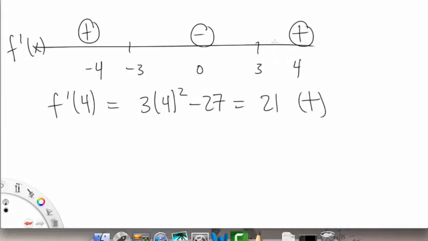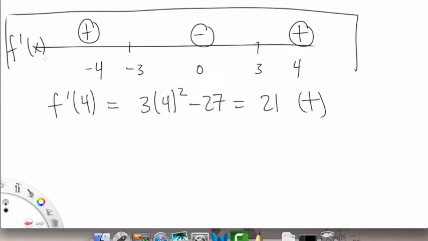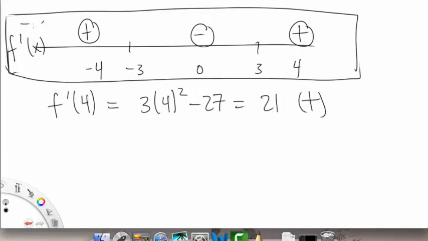Okay, so that is basically it, except for here's the analysis part. So what we're going to do is analyze what does this even tell us. This is basically the most important thing about the sign analysis, about the first derivative test, right? Like I said, to the left here, that just keeps going to negative infinity, and to the right, this keeps going to positive infinity, right?